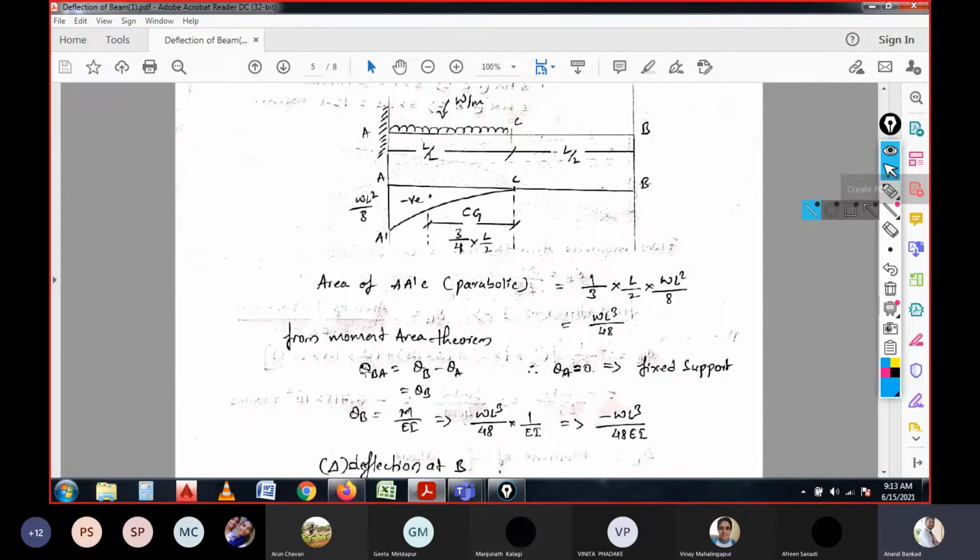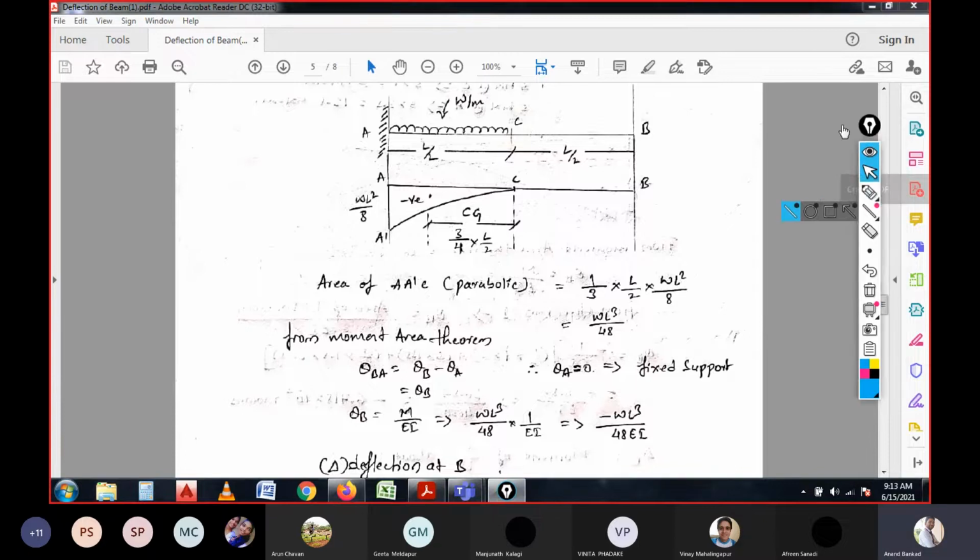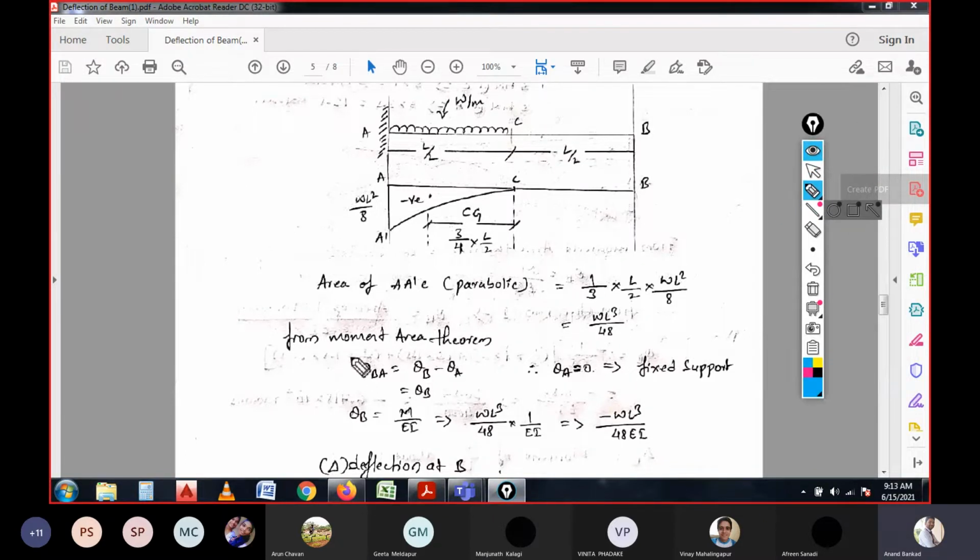This part, the theta A and theta B. Here, this equation we have already studied, because it is quite similar for all the cases, and theta B will always be considered as M by EI. So M is here WL cube by 48, which is nothing but the area of the parabolic curve.